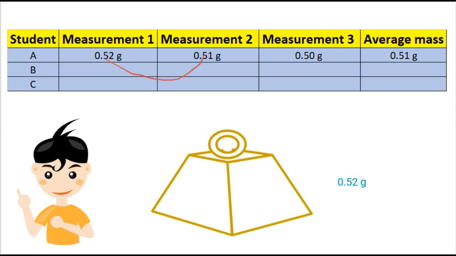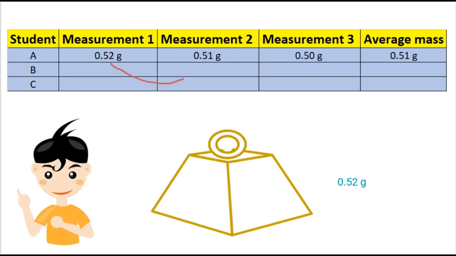This data is not close. Why? Because they vary very much. See here, there's a difference of 0.01 grams. In the third measurement again he got 0.01 grams less. So his data are not precise also. Neither do his answers match the actual value, so they are not accurate.